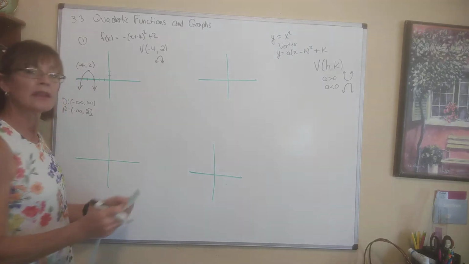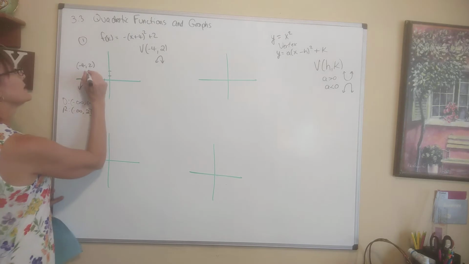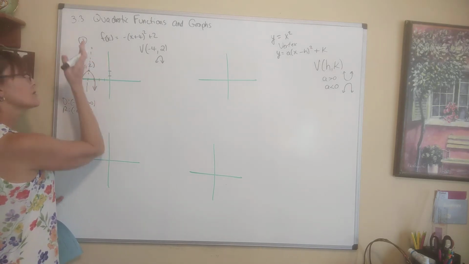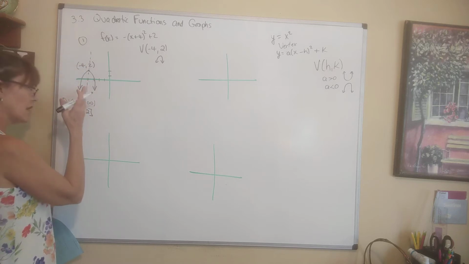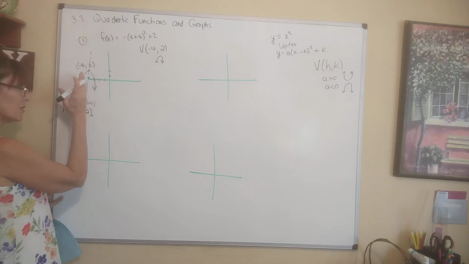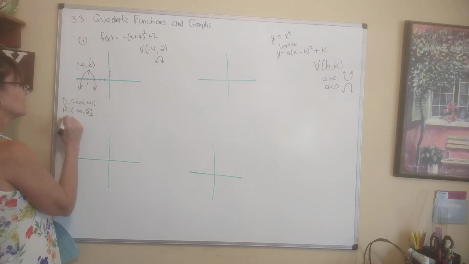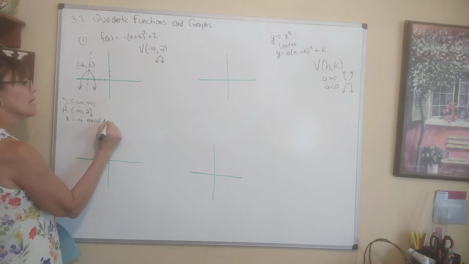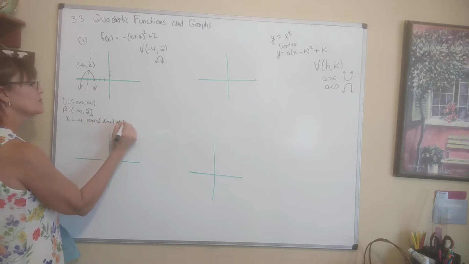Write the equation of the axis of symmetry. Now that is this axis. This is the line that cuts through the center of your vertex. Your parabola will be symmetric about both sides of that, so the axis of symmetry, or the line of symmetry, is x equals negative 4.